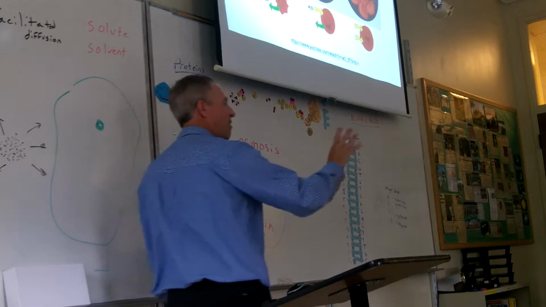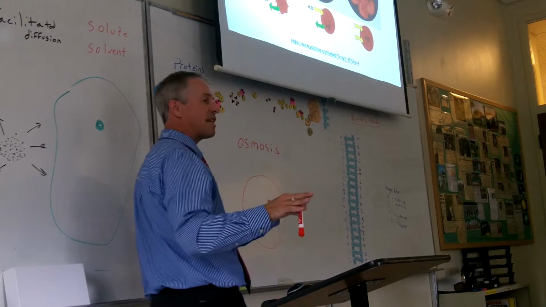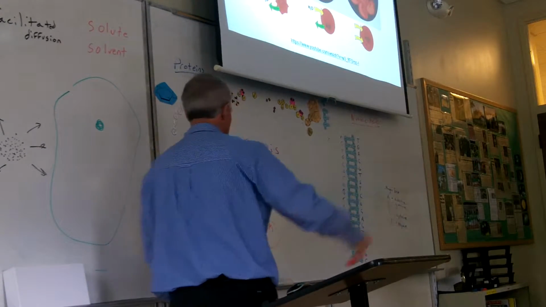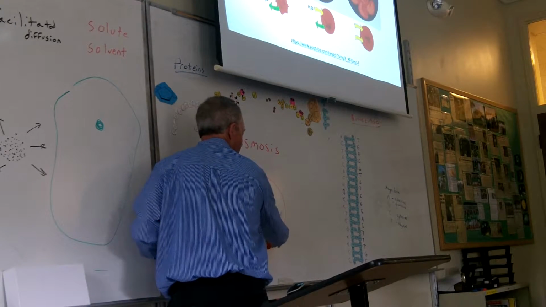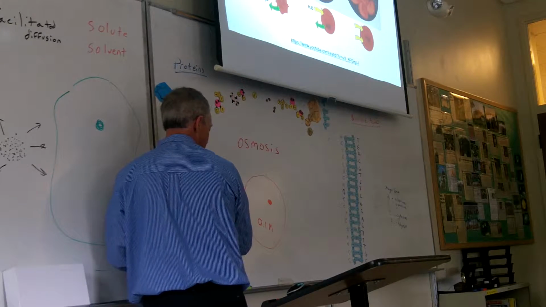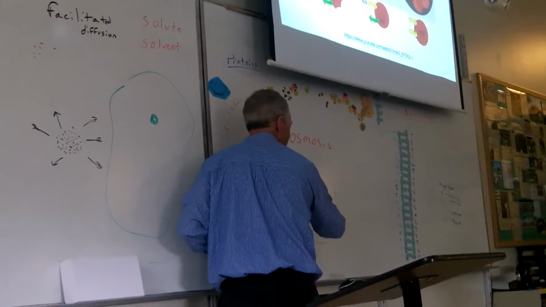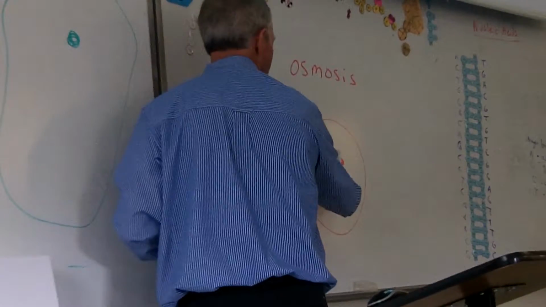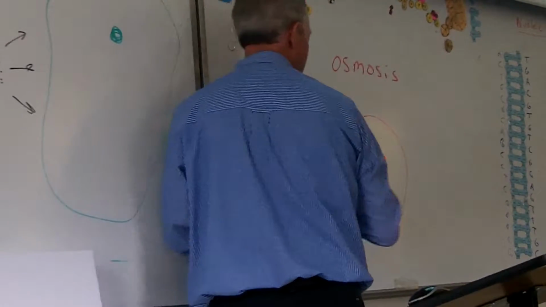Okay, so think about this. You're going to have questions like this on the test. If it's 0.1 molar, it doesn't have as much sugar as if it's 0.8 molar. So if it's 0.1 molar, it's got more water than 0.8 molar has. High water here, low water here.